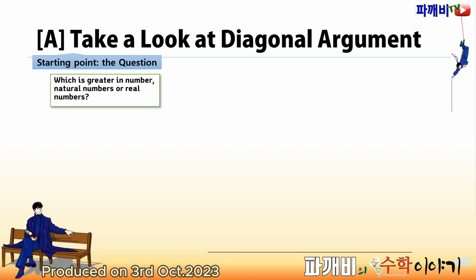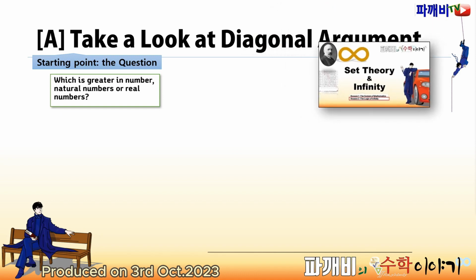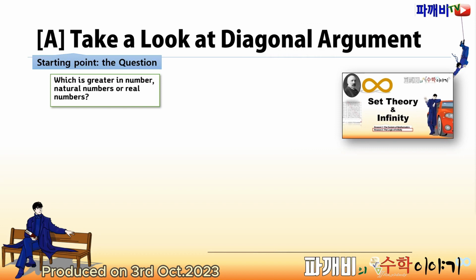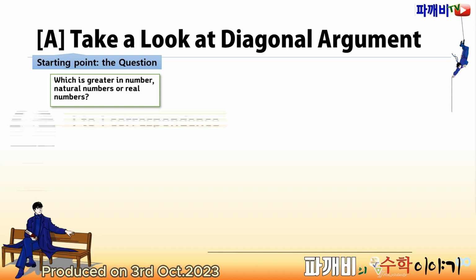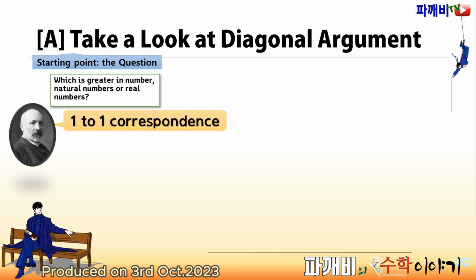Whether finite or infinite, to compare the counts, you have to establish a one-to-one correspondence. Even if you don't fully understand this video, with a little thought, you can realize that the very act of comparing involves one-to-one correspondence. Anyway, let's start with one-to-one correspondence. First, if you think about a way to establish a one-to-one correspondence between natural numbers and real numbers, it's quite tricky.